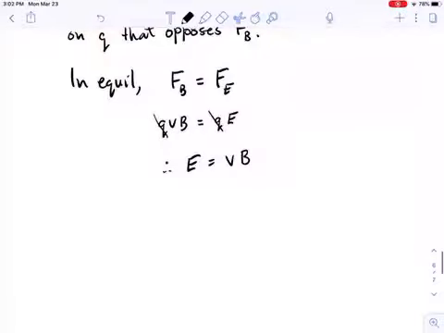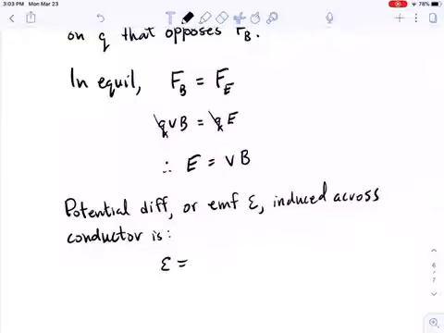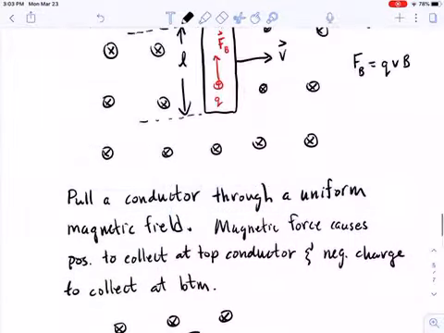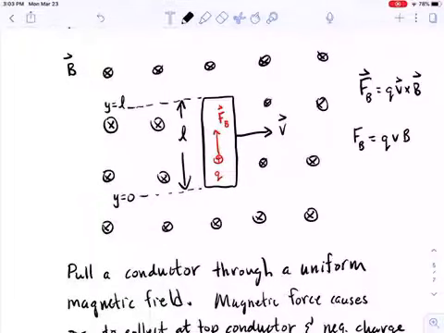Okay, so the potential difference, or EMF, induced across the conductor is, let's suppose we start at the bottom of our conductor, and so actually I'll go over here, and I'm going to say this is y equals 0, and then this is y equals L. So we're going to start at the bottom of our conductor, and then we're going to move in a direction dl that goes from the bottom to the top.